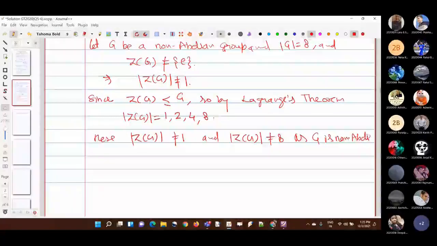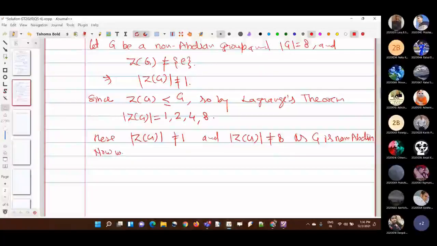If its order is 8, then every element of G will commute, that is, every element of G will be an element of the center, as in the case of G being abelian. So two possibilities are discarded: it cannot be 1 and it cannot be 8.